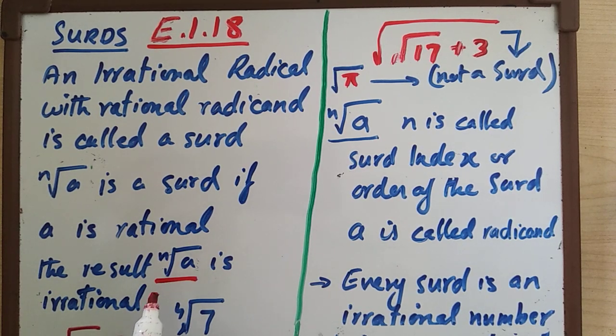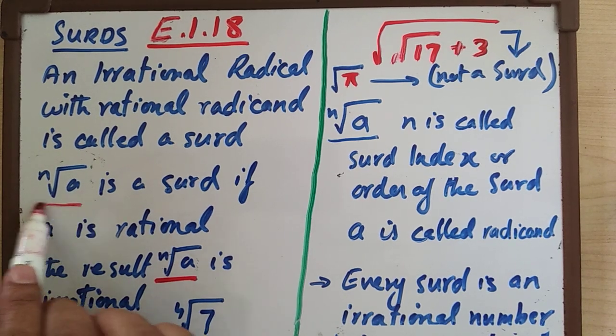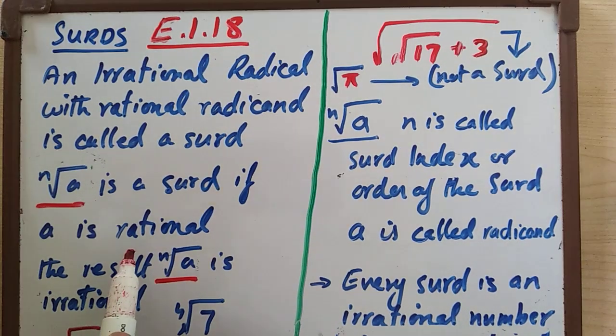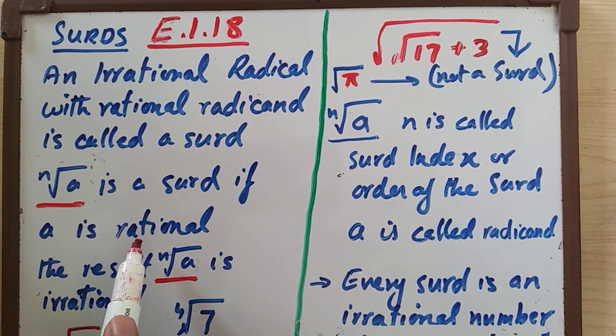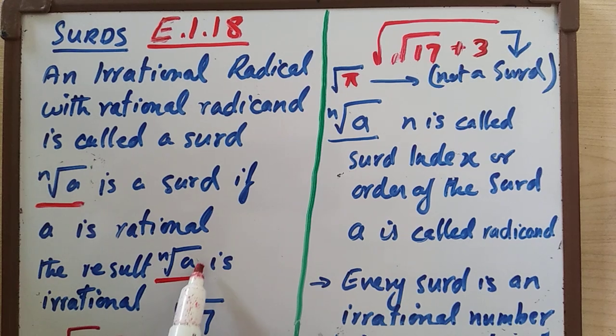So what this depicts is that this number is considered to be a surd when a is a rational number and the result that we obtain after solving this part becomes an irrational number.